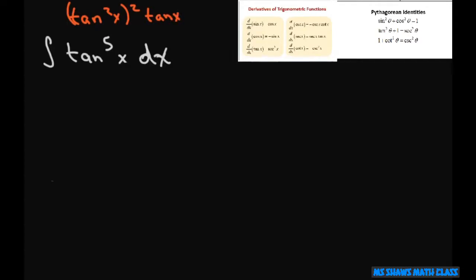So this would be tan to the fourth, and this would be to the first. So I can break this up, and I know tan squared is secant squared minus 1. So I'm going to write this as secant squared x minus 1 squared, and then write my tan x.